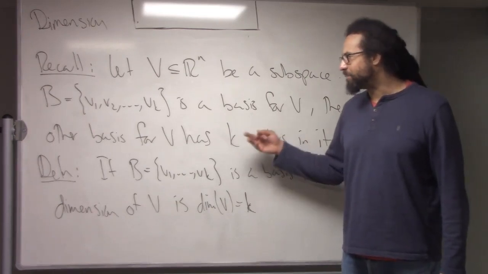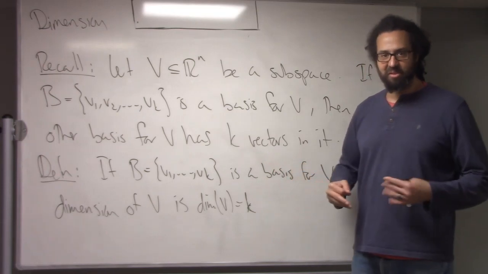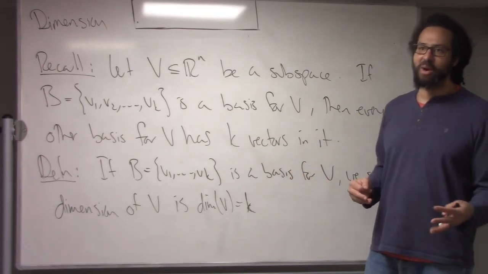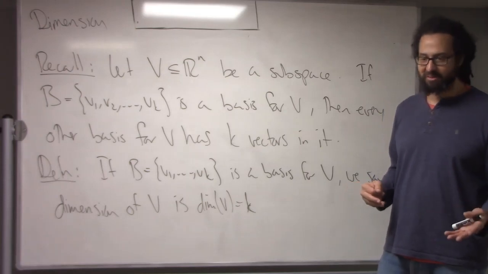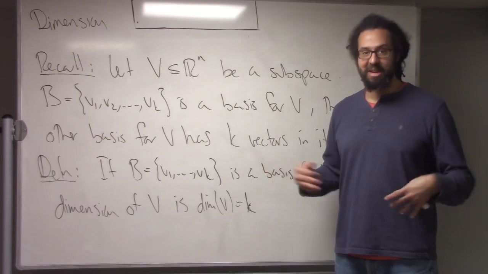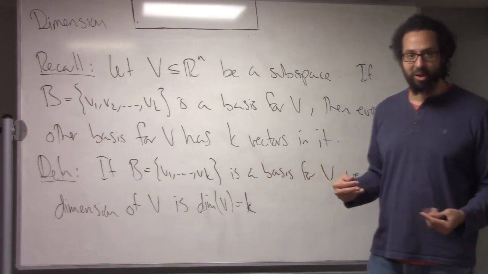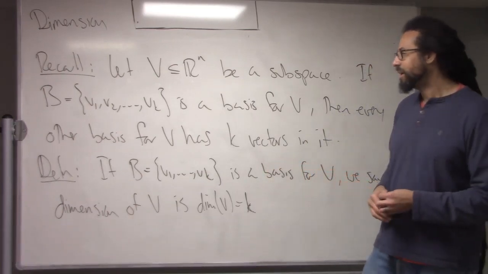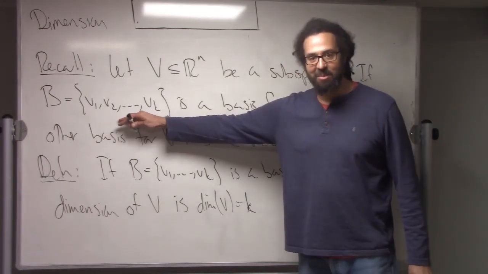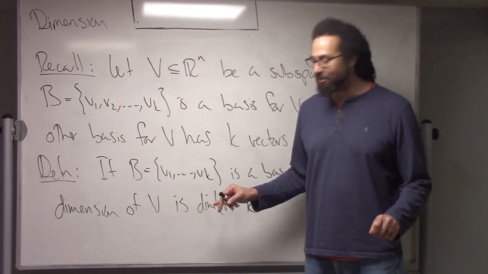So that means that if you hand me some subspace, it'll have a basis. That's a theorem we didn't write down, and one we'll probably take for granted, that every subspace of Rn will have a basis for sure. So once you write one basis down, say it's got k elements in it, every basis will have k elements.